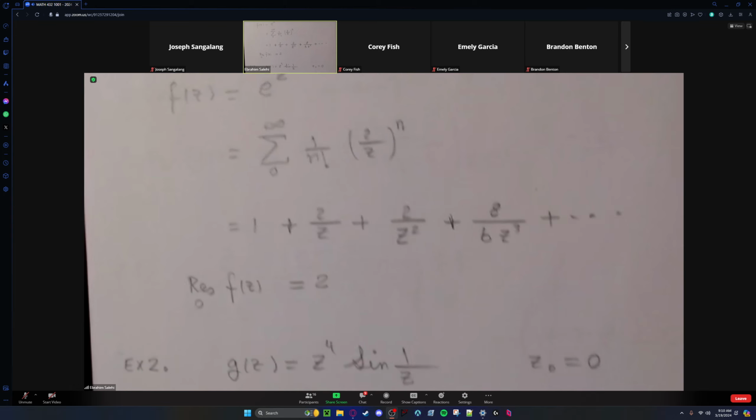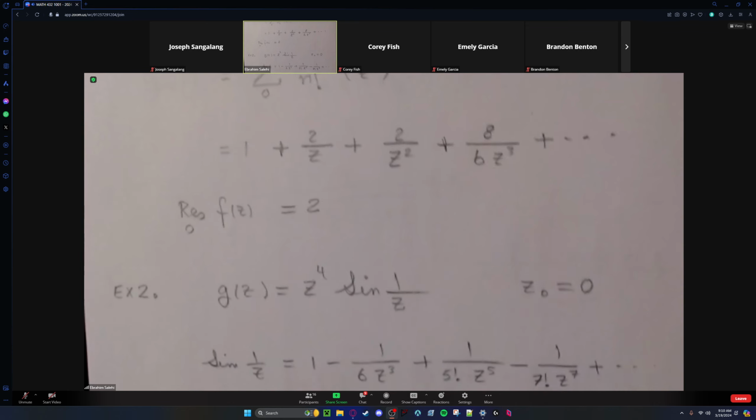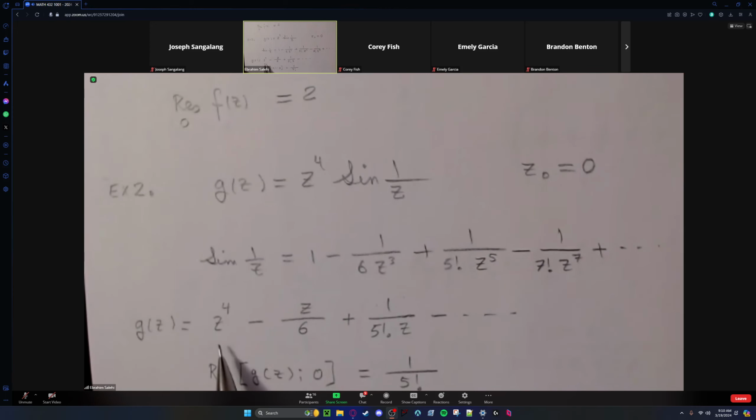Here's another example, finding the residue of this function at its singularity, and the bad point of this function is 0. This is the expansion of sine w. I replaced w by 1 over z. Now you multiply by z to the 4, you get this.